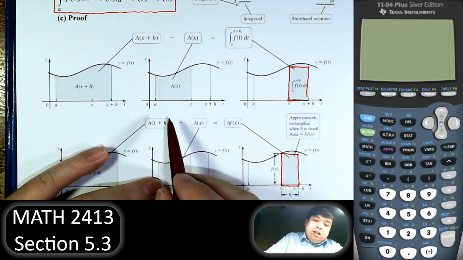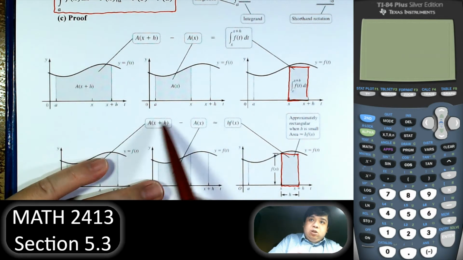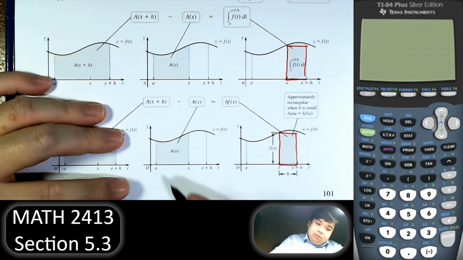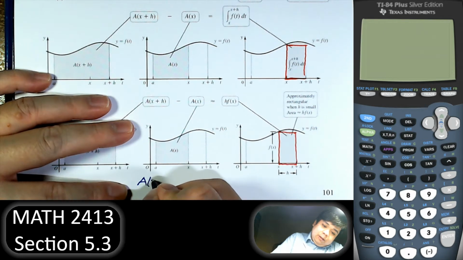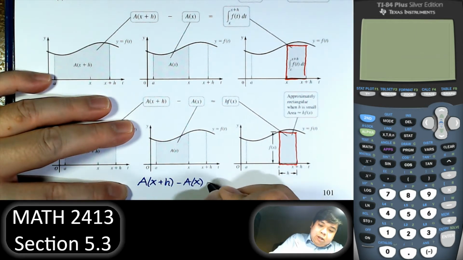So we can say the difference of those areas can be estimated as h of f of x. So we write it like that, approximately equal to h of f of x.